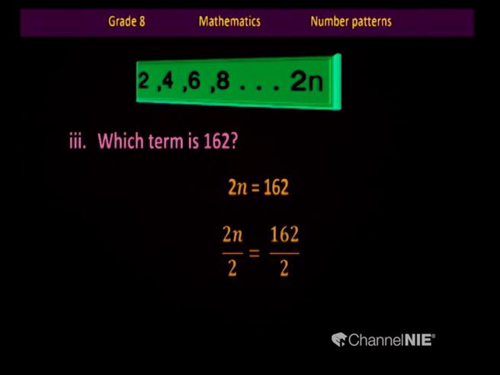Therefore, 2n divided by 2 equals 162 divided by 2. So, 2 to 2 cancel off in the left hand side. Therefore, we can get the value of n as 162 divided by 2, which is 81. Right. Now, we have got the answer to the third question as well.